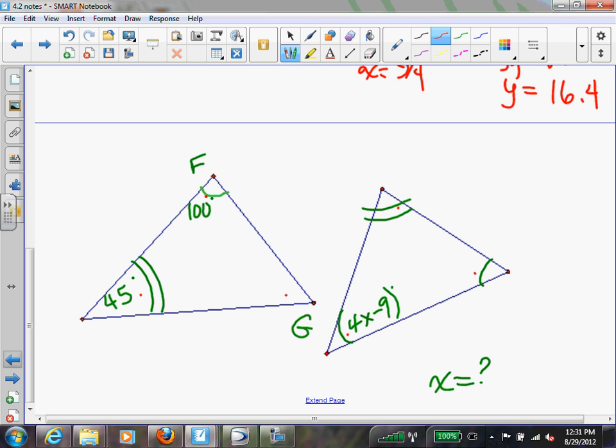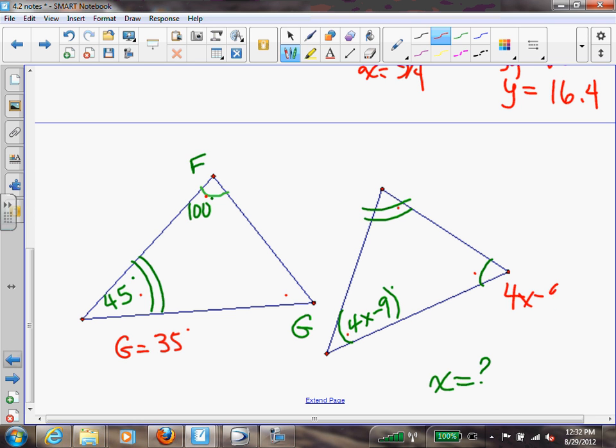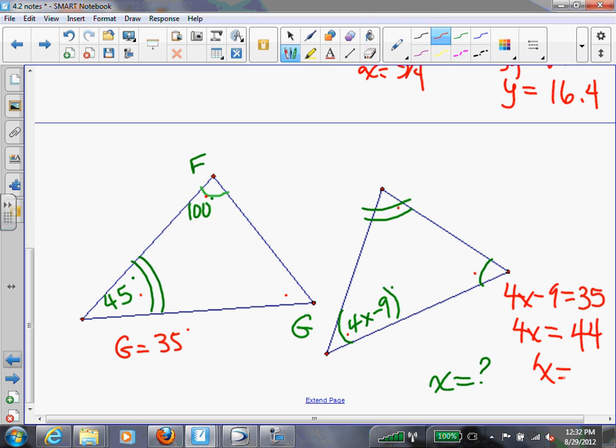All right. So what is angle G going to equal then? 35 degrees, because we're going to take it from 180, correct? And so then we'll say that 4x minus 9 equals 35. 4x is equal to 44. So x is equal to 11.